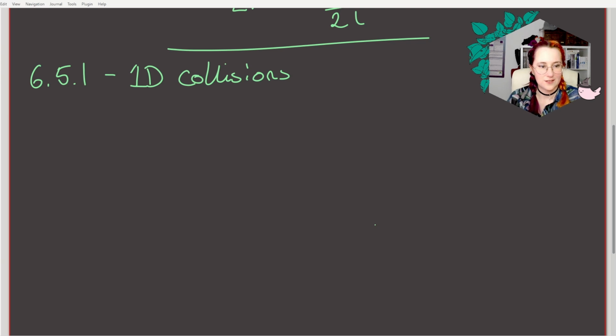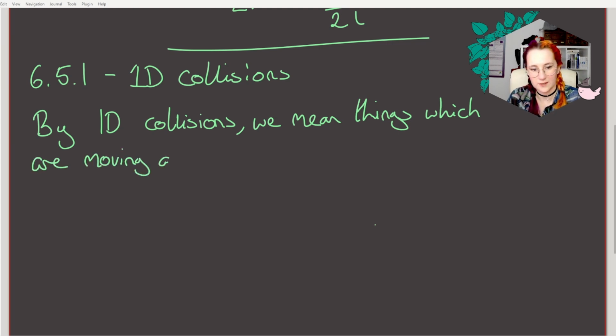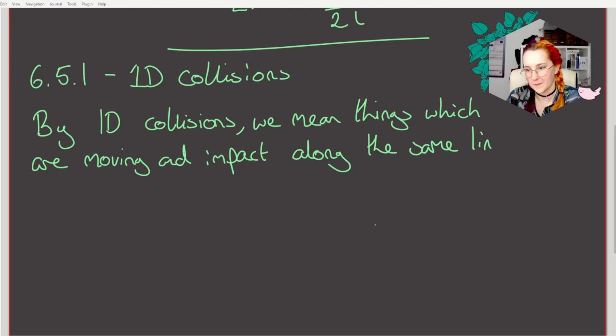By 1D collisions, we mean things which are moving and impact along the same line.